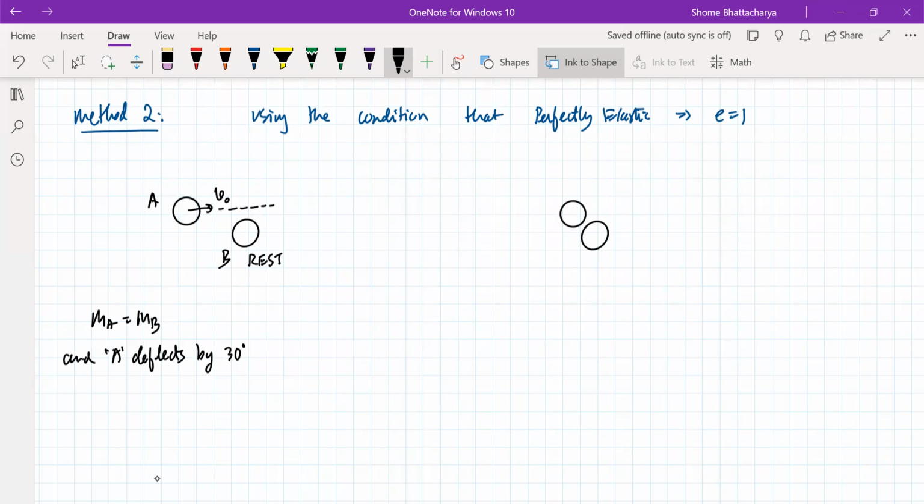So if A deflects by 30 degrees, then in the final picture A's final velocity is in this sort of direction, where this angle is 30 degrees. Now that whole impulse picture will become important. If this is the center to center line, impulse is acting along this line.